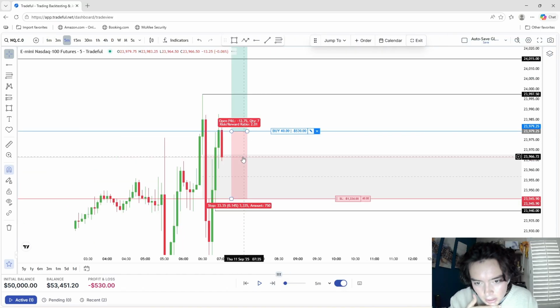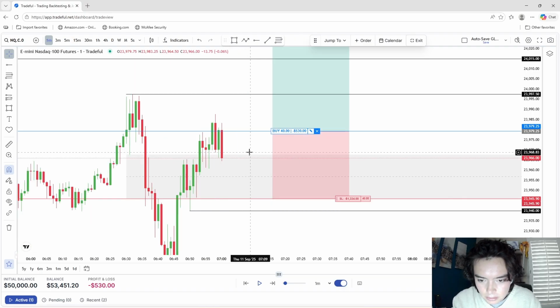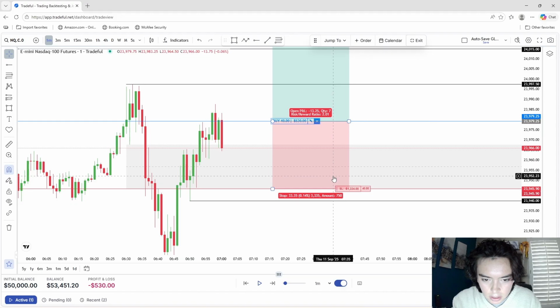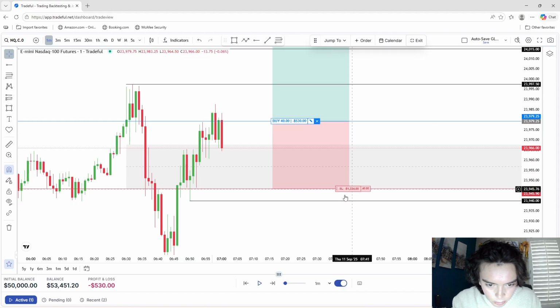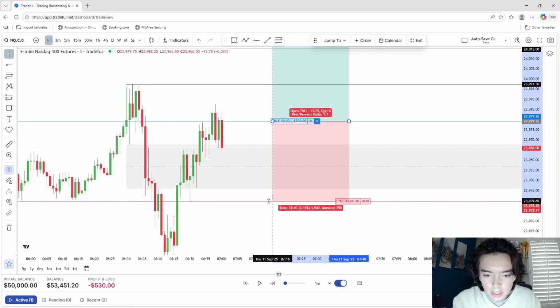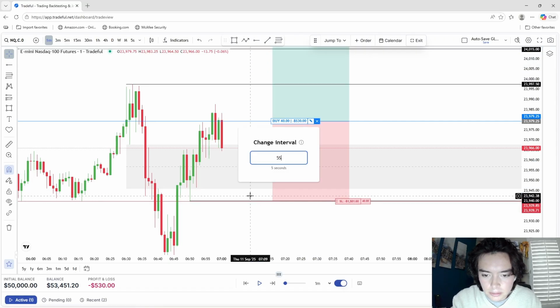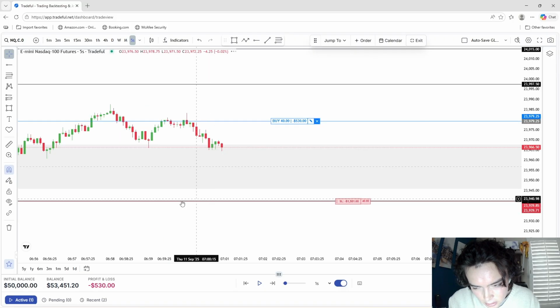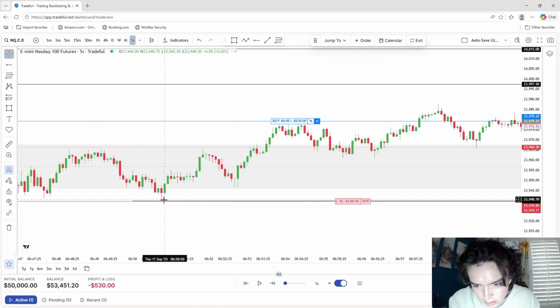Okay. Let me just double check what's going on here. Nothing really crazy. Thing is, if I want to move my stop loss down here, I could. Again, I told you guys there is a reason for this stop loss. This looks like a much stronger point than this right here.